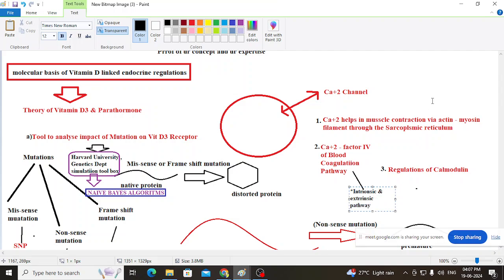And there are 13 factors needed for completion of hemostasis. Hemostasis means blood coagulation.